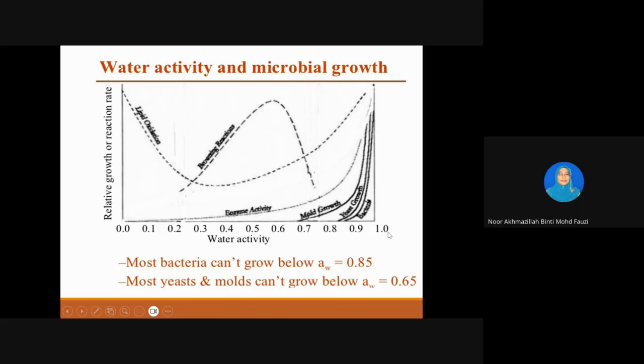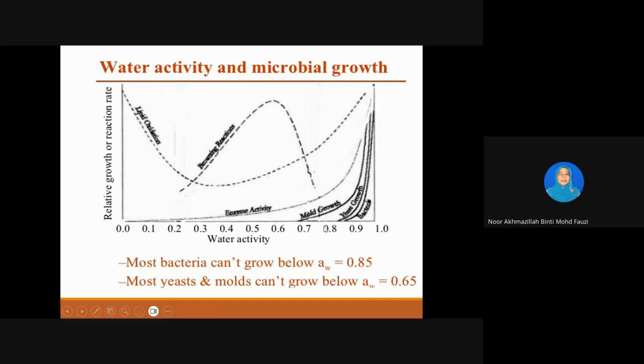On the x-axis, the water activity for the mold is here at 0.7, yeast 0.8, and for the bacteria 0.85. So most bacteria cannot grow below 0.85.